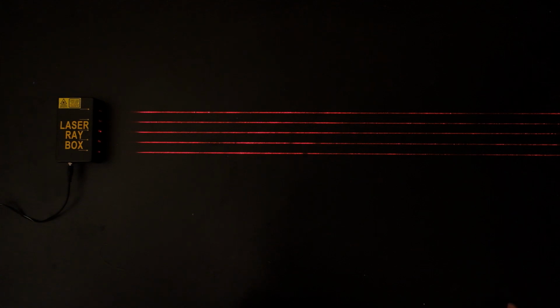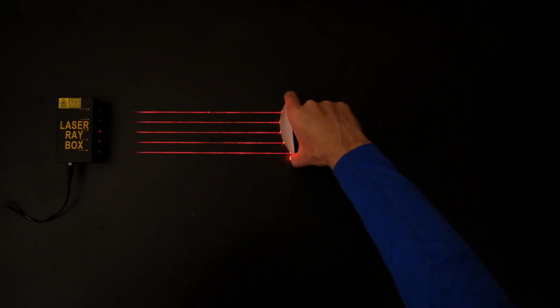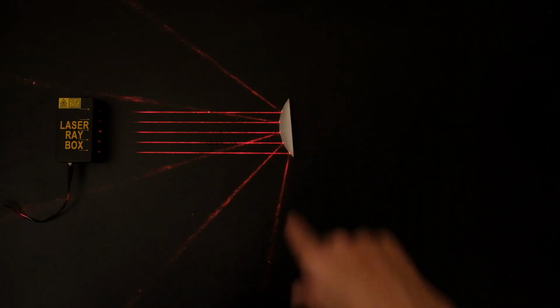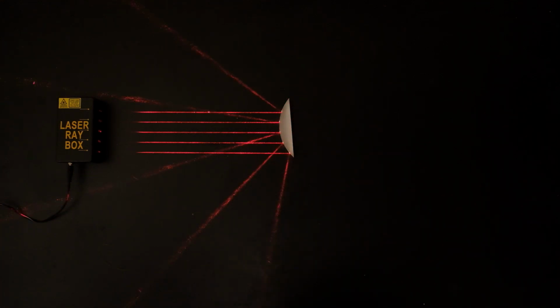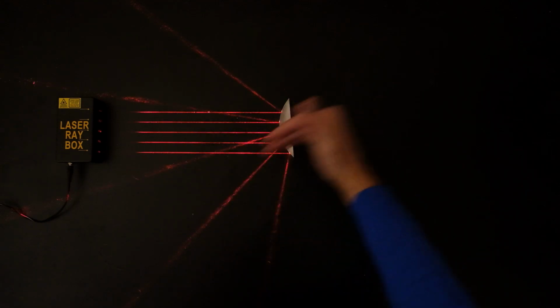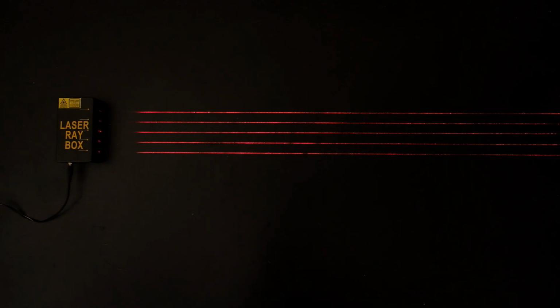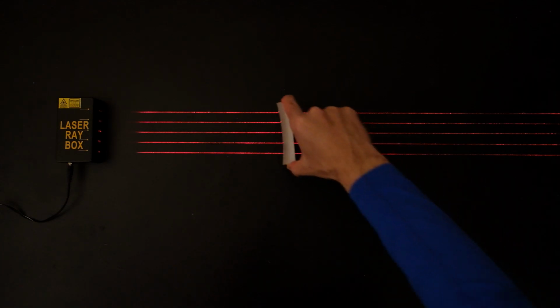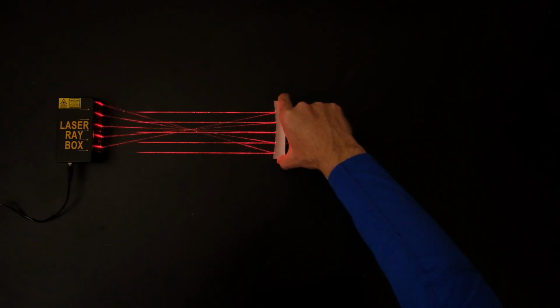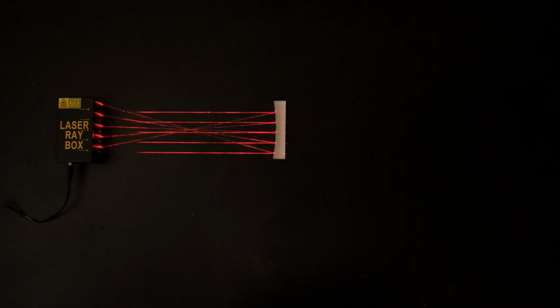We can also use mirrors. The main difference is mirrors will reflect the light. So this is one shape of the mirror, and you can see these diverging reflections. And this is another type of mirror, and you can see converging light rays.